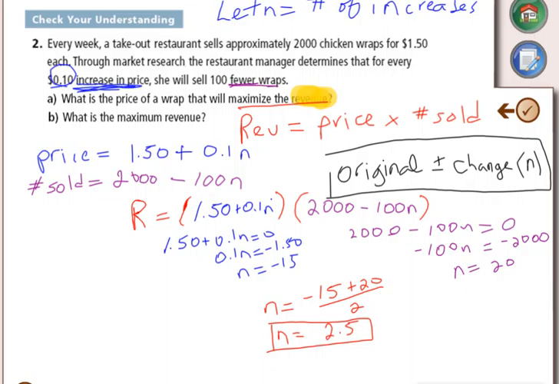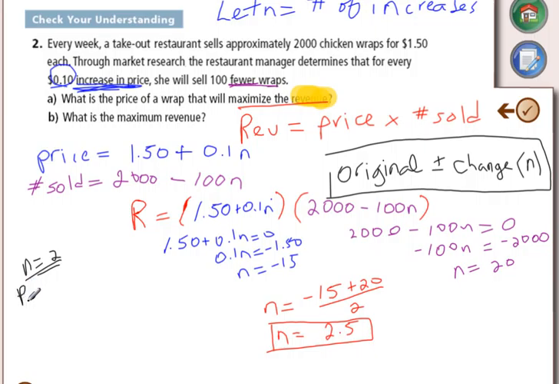Now that we have the number of increases, we can either take 2 or 3 in this case. Or if we were allowed half increases, we could say 2.5 increases. Let's work with 2. So let's say n is equal to 2. 2 increases. Let's find our price.